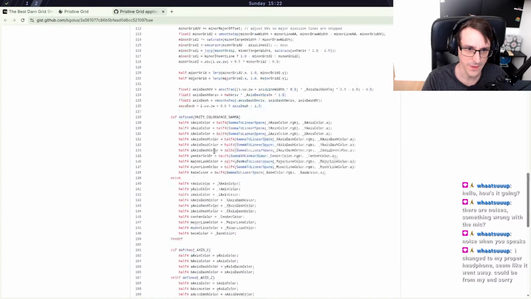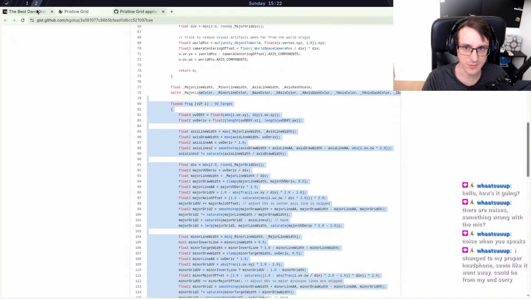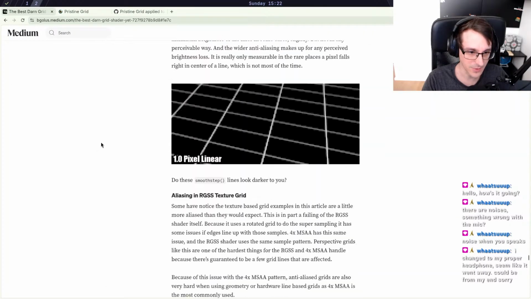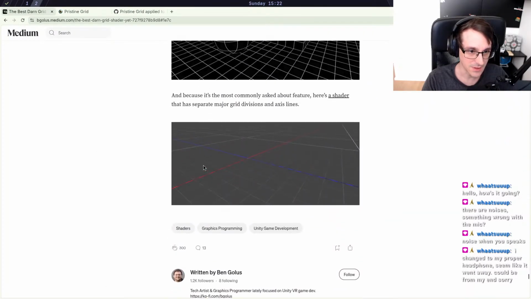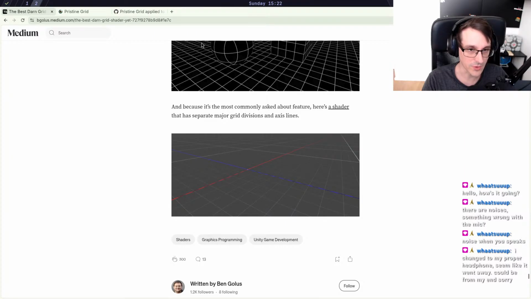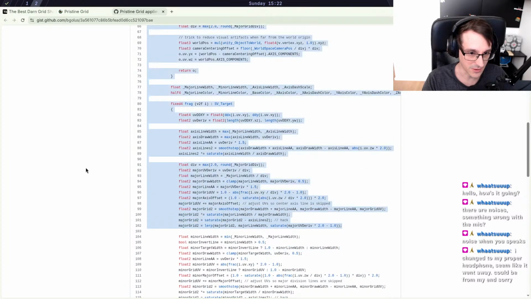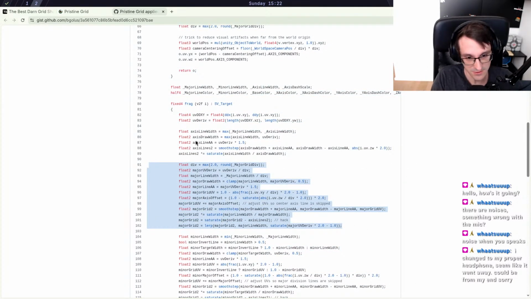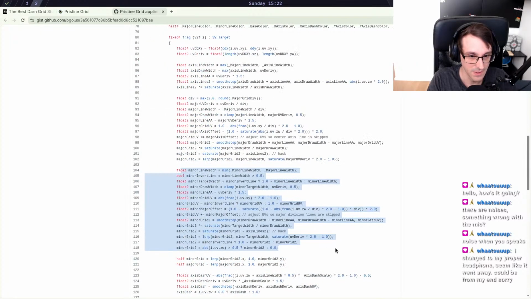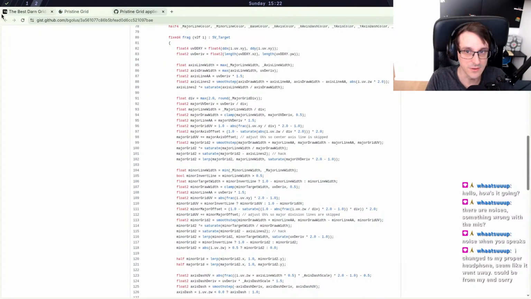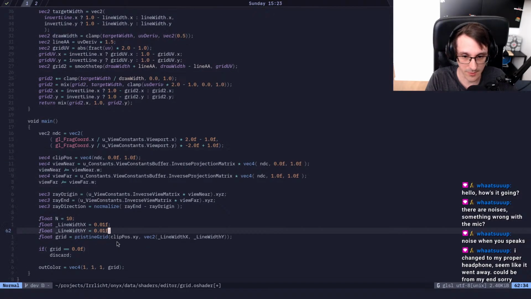But basically I want to implement this one because it's the version that I want, because it has different grid sizes and the colored lines, but the colored lines are not really that important. It's nice to have in the end, but the different grid size is definitely something that I want. And this part here is basically just the pristine grid function, right? And then it's done two times for the minor and major grid. So we are looking at this, and then we will probably implement that one.